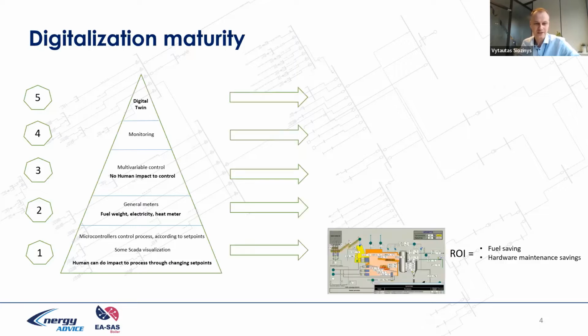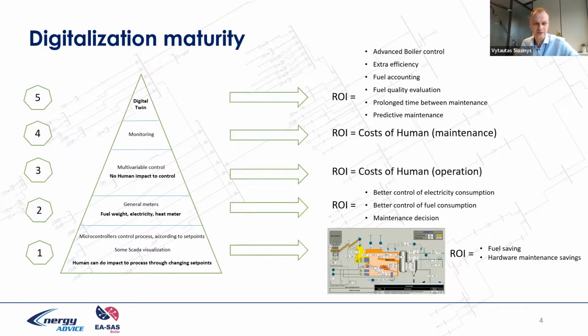In all these cases, you can calculate return on investment from the microcontrollers, general purpose meters, multi-variable control, and monitoring system. All of these investments in digitalization, or better automation control and better understanding of a process, give us some ROI, better or less good.